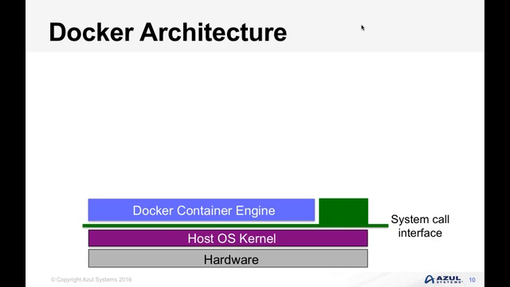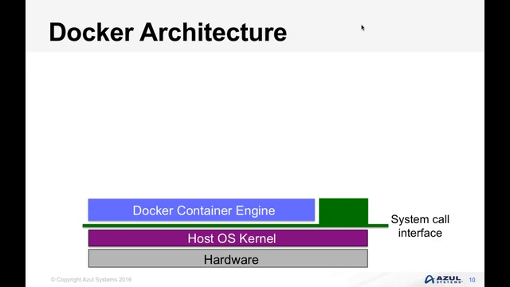So what we've got is the same basic low-level things. We've got our hardware and we've got our host operating system, and in that sense we're talking about the kernel. The kernel is the thing which, as I said, abstracts away the hardware from the software. If we want to interact with that, we use the system call interface.